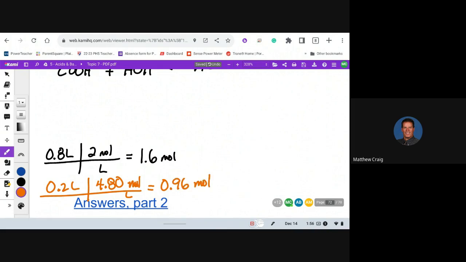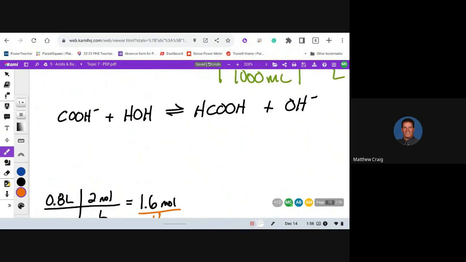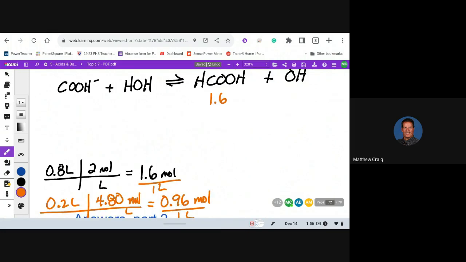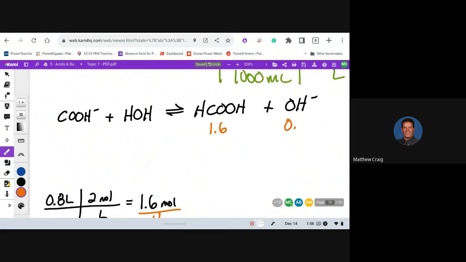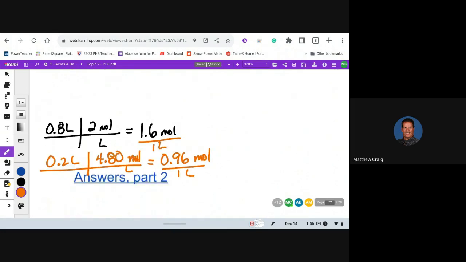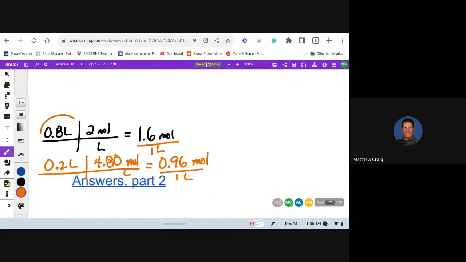And then those are diluted in 1 liter. So now we've got 1.6 and 0.96. The 1 liter came from the 0.8 and the 0.2, add that up.